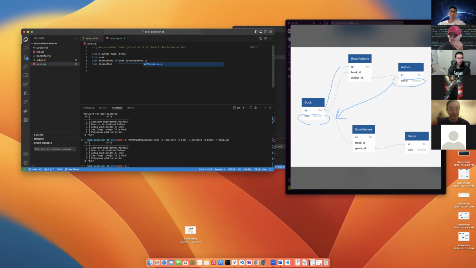I think this goes back to what Daryl and I were talking about when Daryl was designing the database schema. Yes, book ID is correct. Yeah, that's what I was referring to. You never want to have a relationship between two primary keys. So you don't want to say that book ID equals book authors.id.